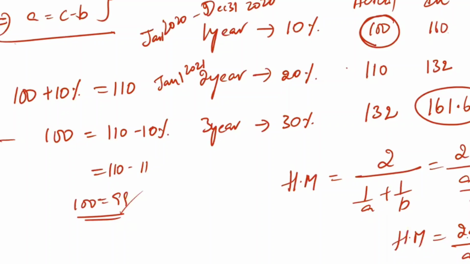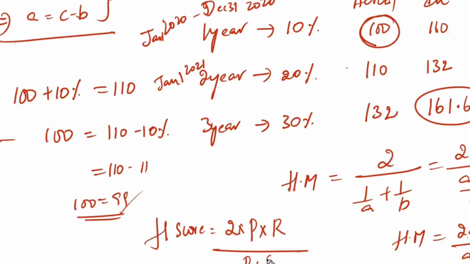A is precision and B is recall. So the F1 score is equal to 2 into precision into recall divided by precision plus recall. That is the F1 score formula.